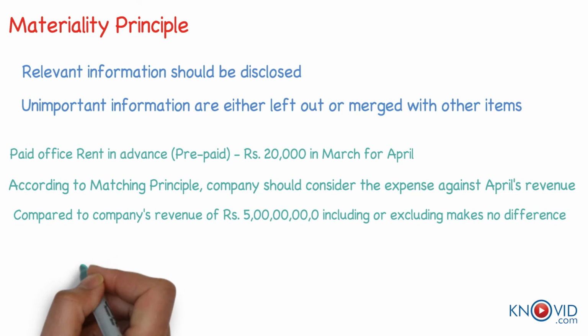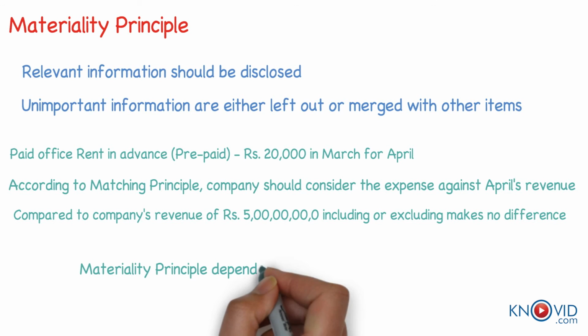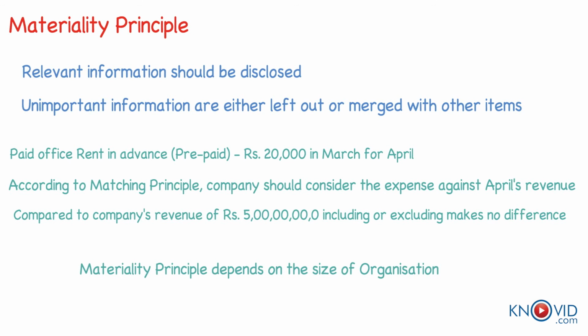The materiality principle depends on the size of the organization. For a small organization with a monthly revenue of rupees 50,000, the prepaid rent of rupees 20,000, unlike the earlier case, has to be appropriately accounted as per the matching principle.